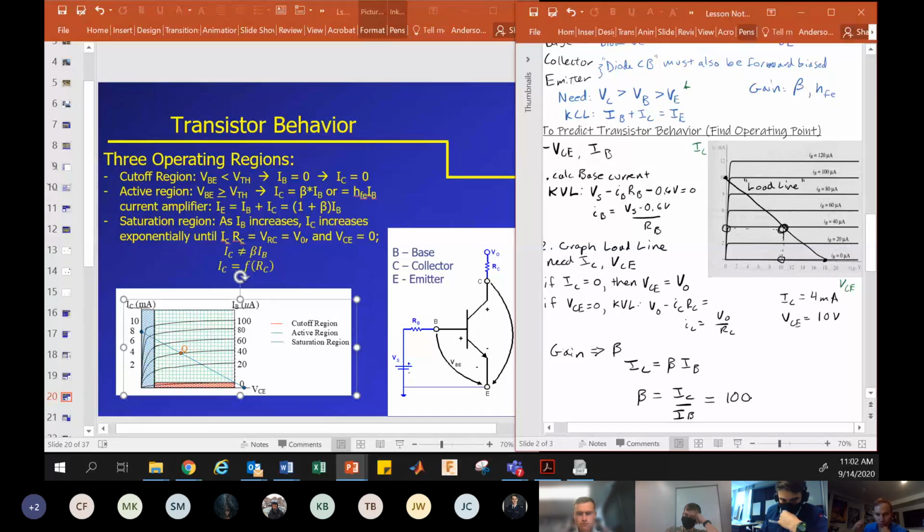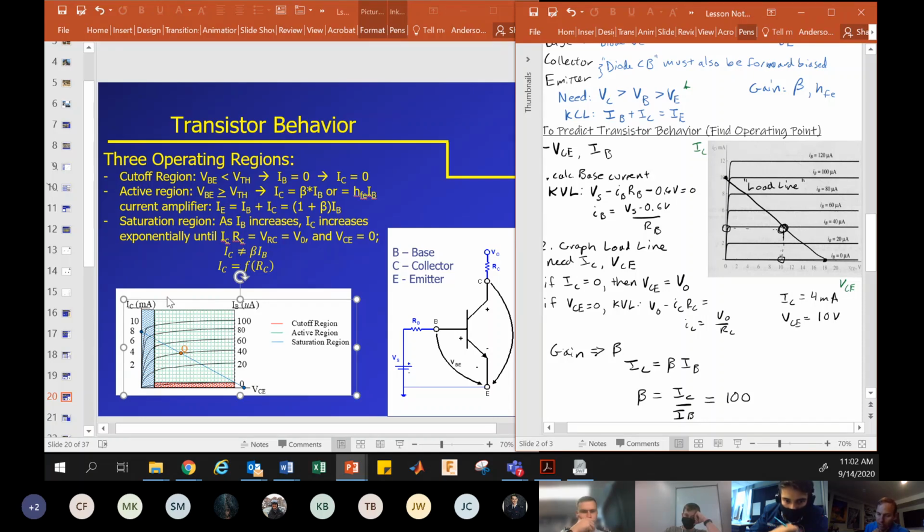That might be a GR question. Any questions on that? Okay, so in this active region, the base current gets multiplied by 100, and that's the collector current. Now, as we continue to increase that base current, we get over here into this blue region.